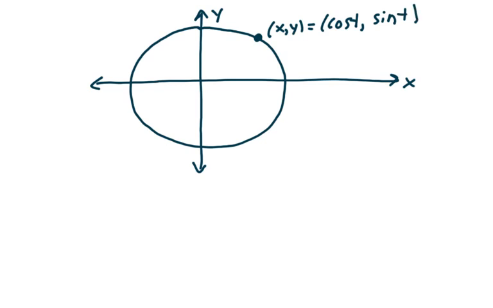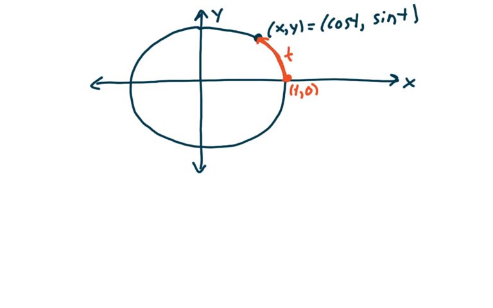Okay? Now, remember that that ordered pair xy is associated with that real number t. So remember that that's the distance from 1, 0 up to that point xy. And we're going in the counterclockwise direction, which is indicating that t is going to be positive.